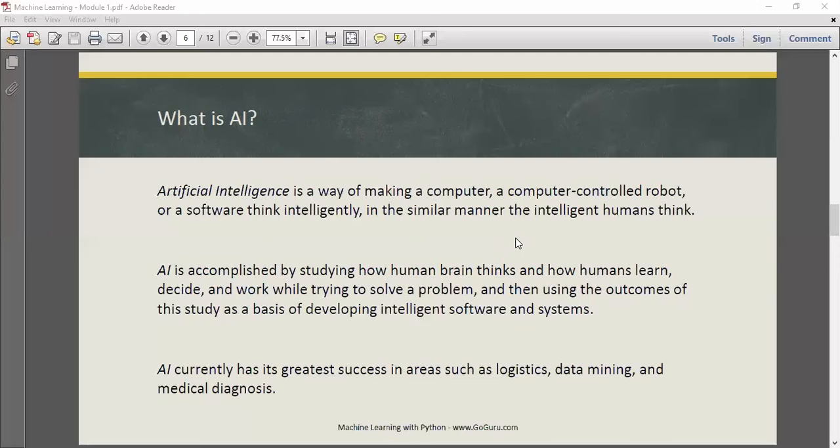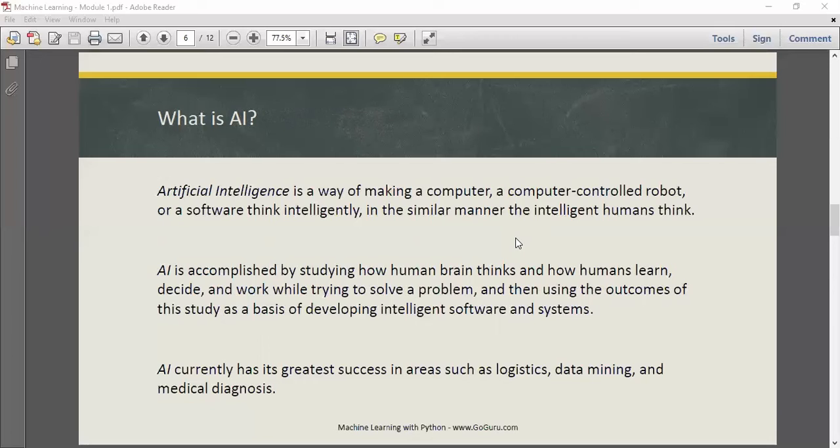So that is the concept of AI. Basically, you're trying to make the program think like an intelligent human being, the way he looks at things, how he works through a problem, the skills humans use in solving problems. And then you use the output of it to build intelligent systems. That is what AI does.